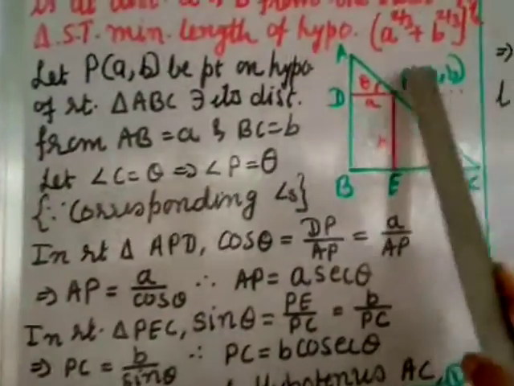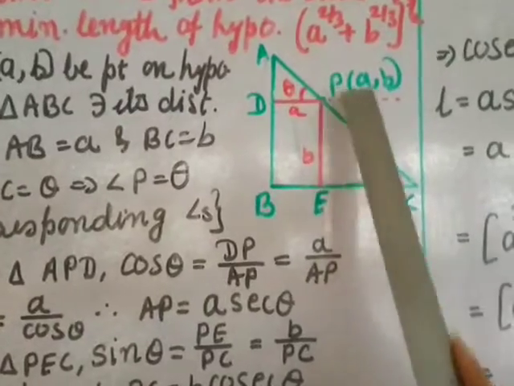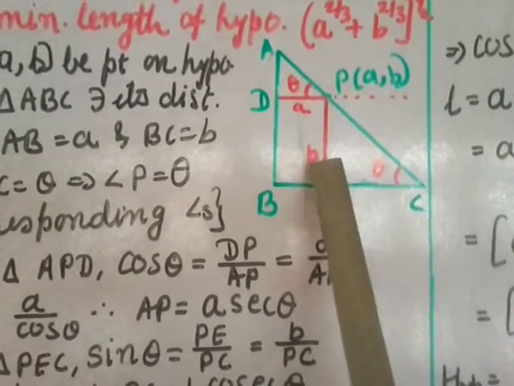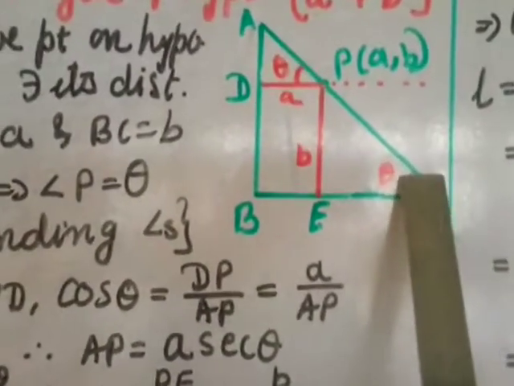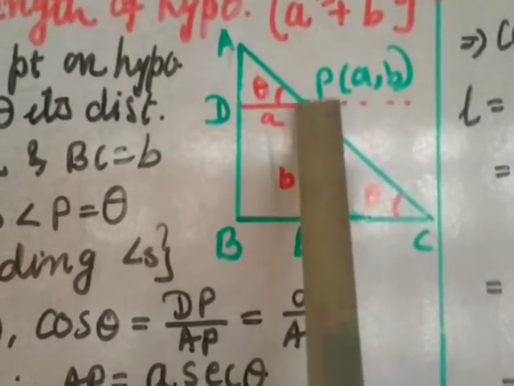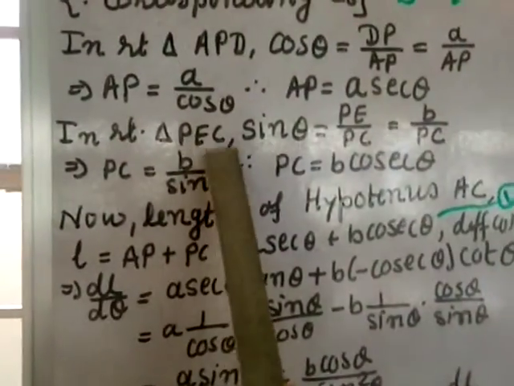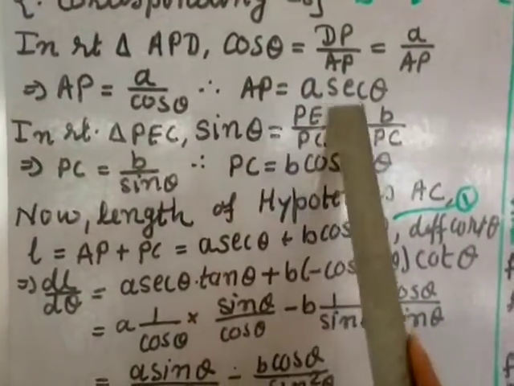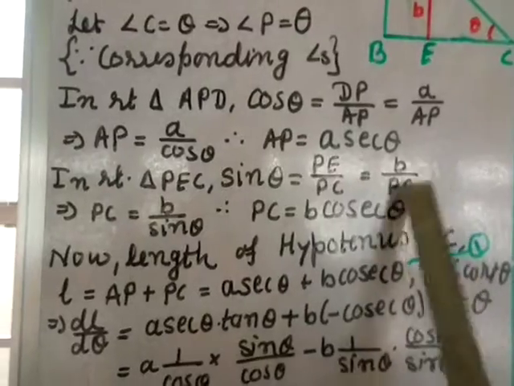Now again you take the right angle triangle PEC. Here I have the opposite side, so I will take sin theta. Sin theta is equal to PE divided by PC, the hypotenuse. So in right triangle PEC, sin theta is equal to PE by PC, and PE is b, so b by PC.